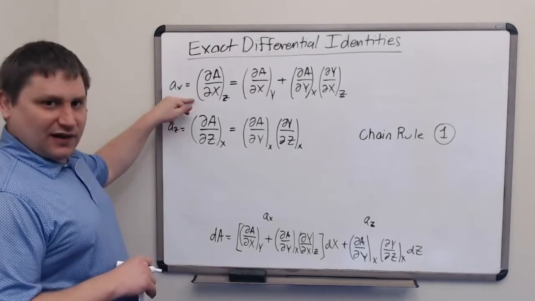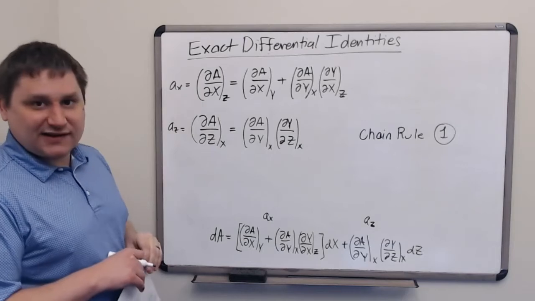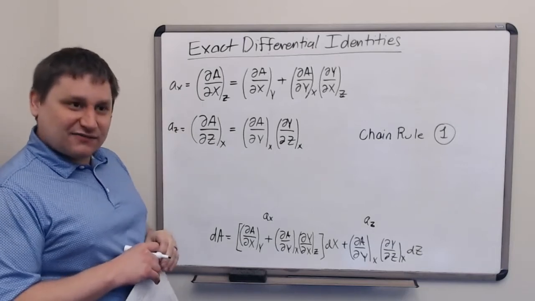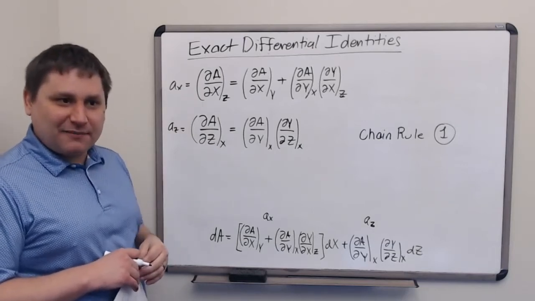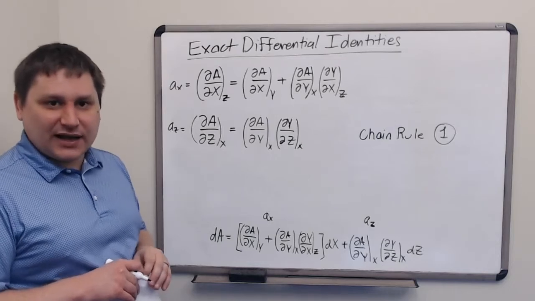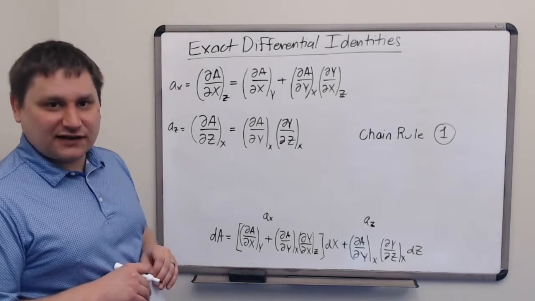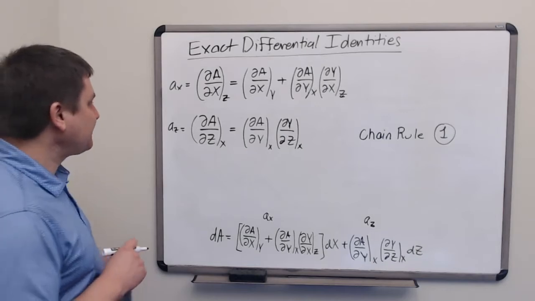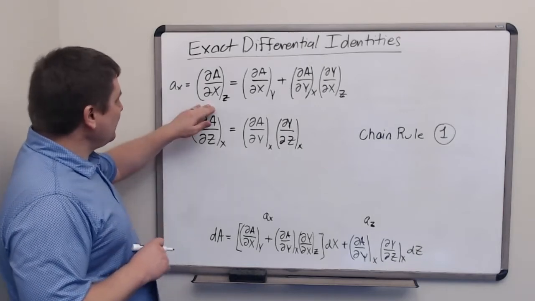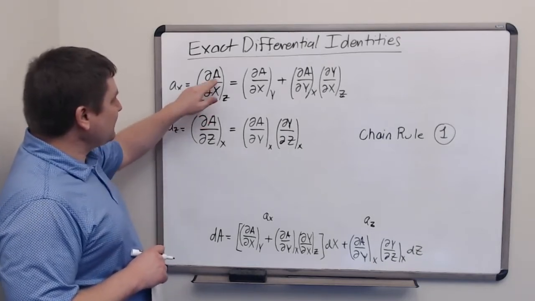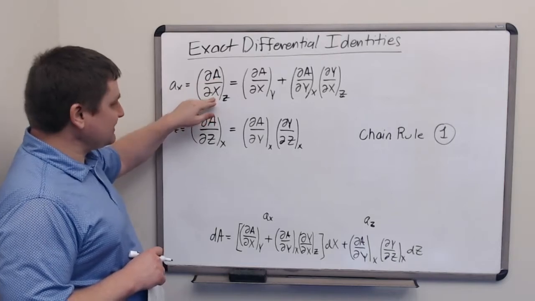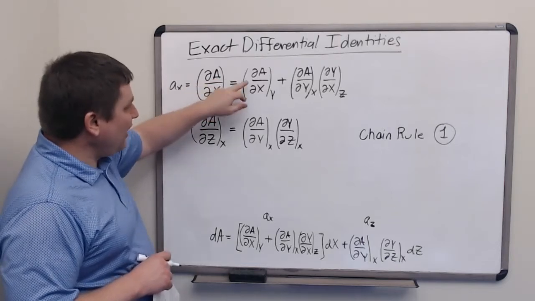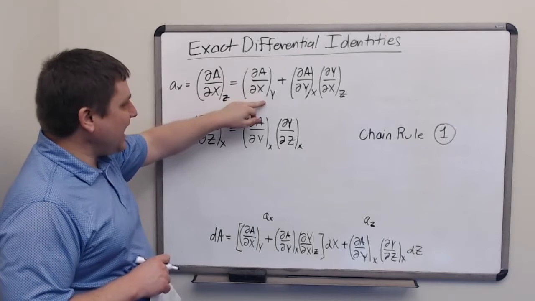The one on the first line here is probably one that we haven't seen before because it doesn't really become necessary unless you're doing calculus for functions that depend on multiple variables. So what are we doing here? On the left side, we have the derivative of a with respect to x. And on the right side, we also have the derivative of a with respect to x.